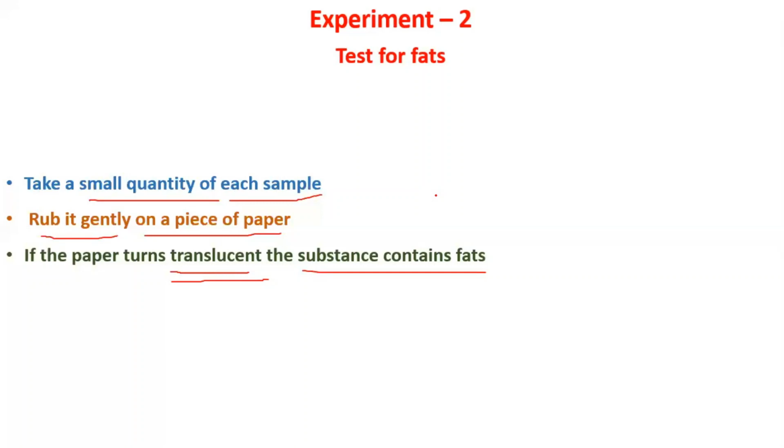For example, a window, mirror, polythene cover, etc. Translucent means a material which allows light to pass but not completely through it. You can take examples such as oil paper, butter paper, etc. And opaque: a material which blocks or stops light from passing through it is known as opaque.